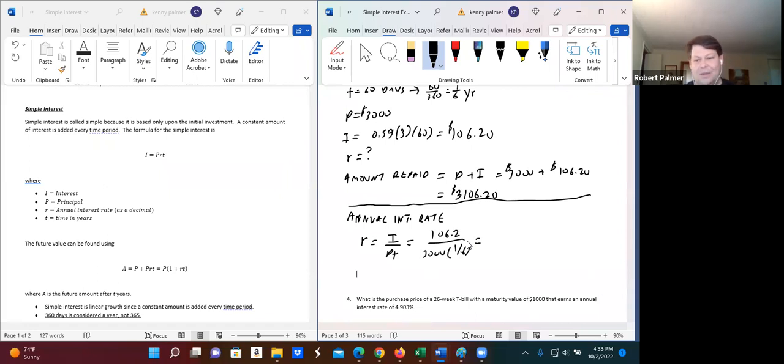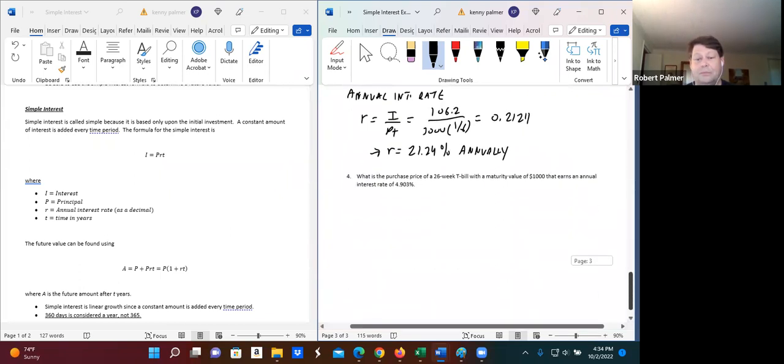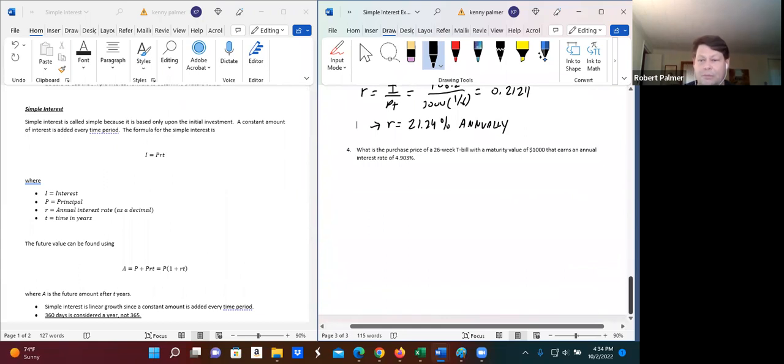And so what I get then, once again, as a decimal, is 0.2124. And so R is going to be 21.24% annually. So we took that loan out for a year, that's how much you would be charged per year. Okay, one last problem.